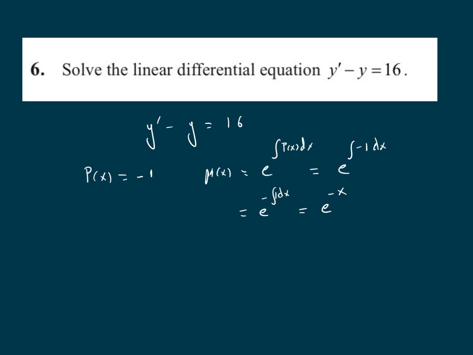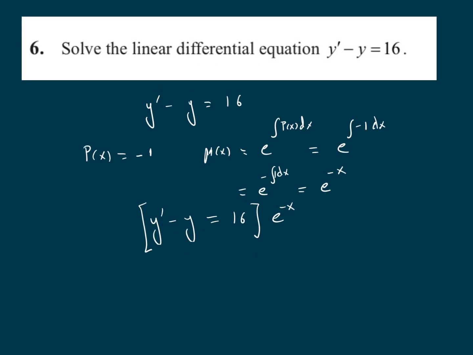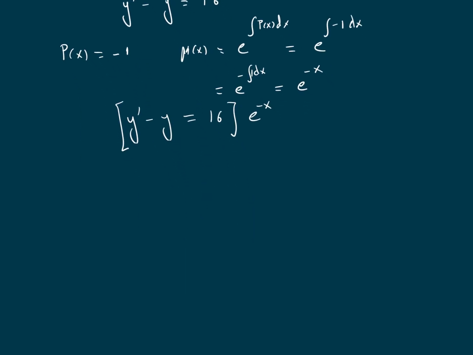So let's take the linear differential equation, y prime minus y equals 16, and multiply by the integrating factor e to the minus x. What will happen now? I will have this equation, e to the minus x y prime minus e to the minus x y equals 16 times e to the minus x.